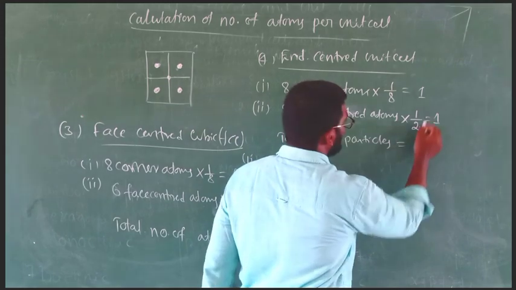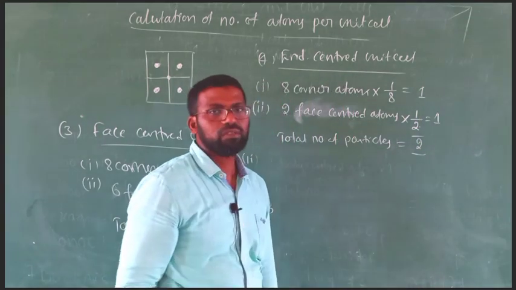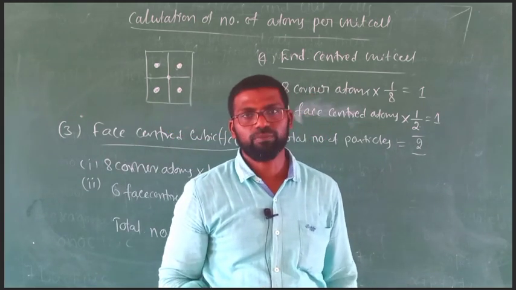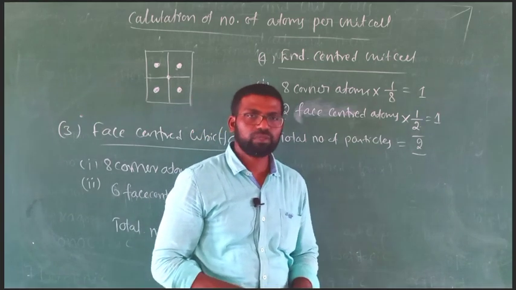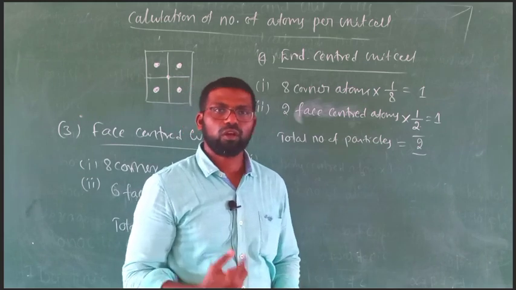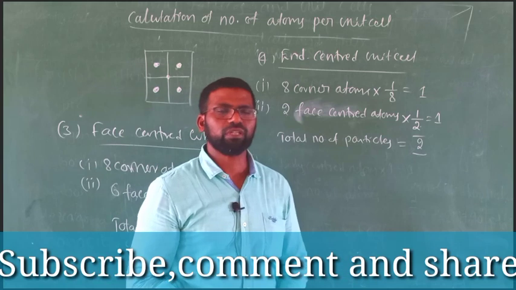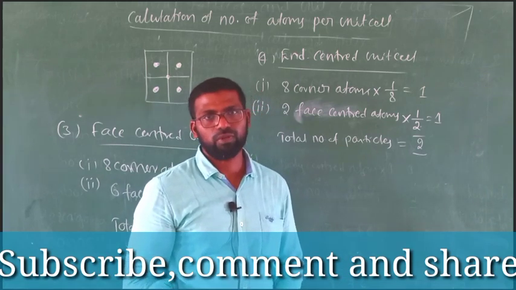Total number of particles is equal to 1 plus 1, 2. Likewise, you can calculate the number of particles per unit cell of any type. So this is one of the very basic and important concepts. It will be helpful both for your board exams as well as competitive exams. We have got questions based on this topic in many competitive exams like NEET, JEE and all.